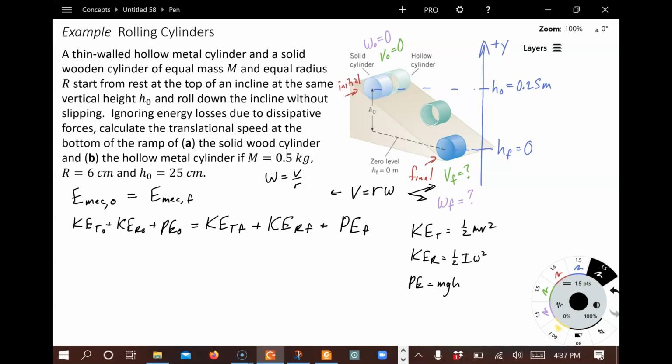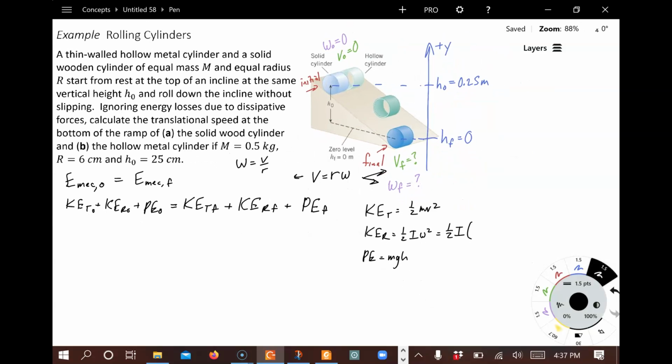And I want to substitute that in here. So I'm going to have 1/2 I, what's omega? Omega is equal to v over, use a capital R because that's what's given here, and we're going to square that. And if we look at that, we're going to end up with 1/2 I v squared over r squared.